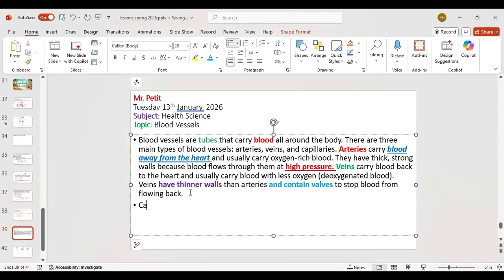Capillaries, think of them as very, very small, tiny blood vessels. They are tinier than the veins.